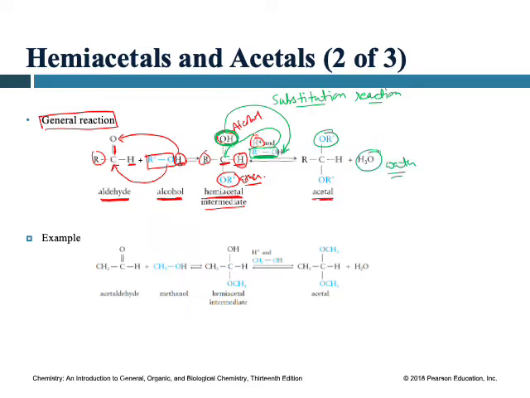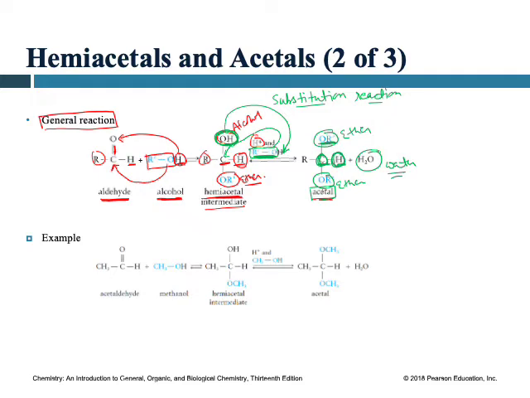So now you will get this structure where the same carbon has an OR group, an ether group, and again on the same carbon you have one more ether group, and then you have hydrogen attached to the same carbon. That means this is acetal. You have to know the structure of acetal, where you have two ethers attached to the carbon and the third bond is attached to the hydrogen.